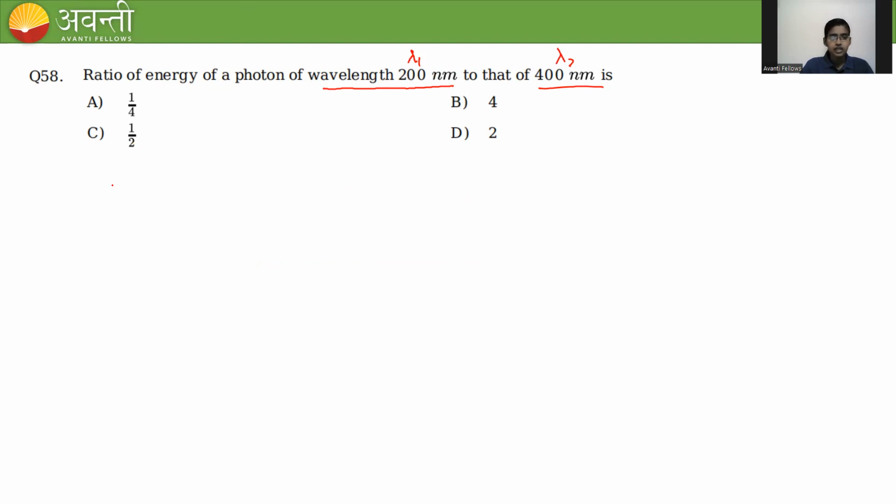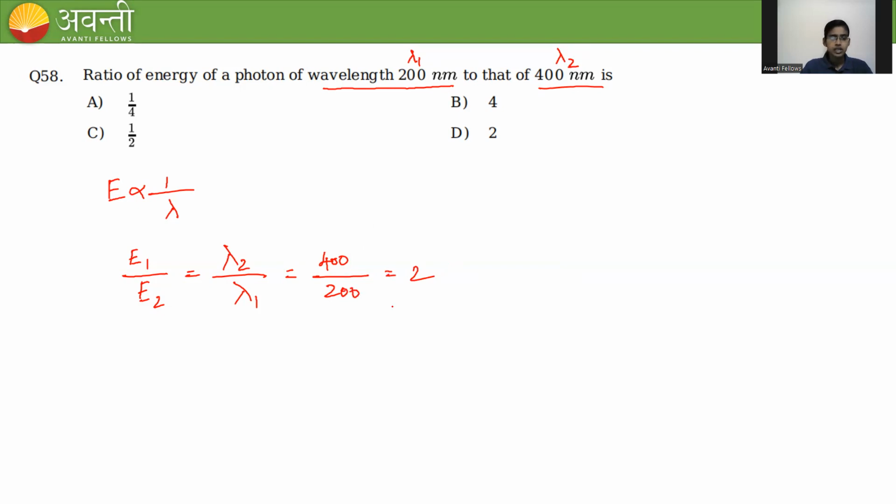We know that energy is inversely proportional to the wavelength, right? So if I want to take the ratio, E1 by E2 will be equal to lambda 2 by lambda 1. Lambda 2 is 400 nanometer, and lambda 1 is 200 nanometer. And the ratio that we are getting is 2.